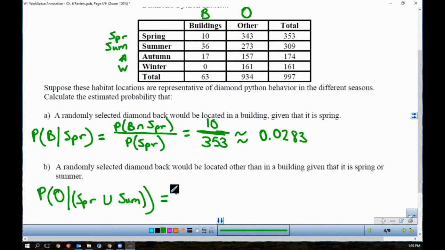So setting it up the same way, the probability of other intersect spring or summer, over the probability of spring or summer.